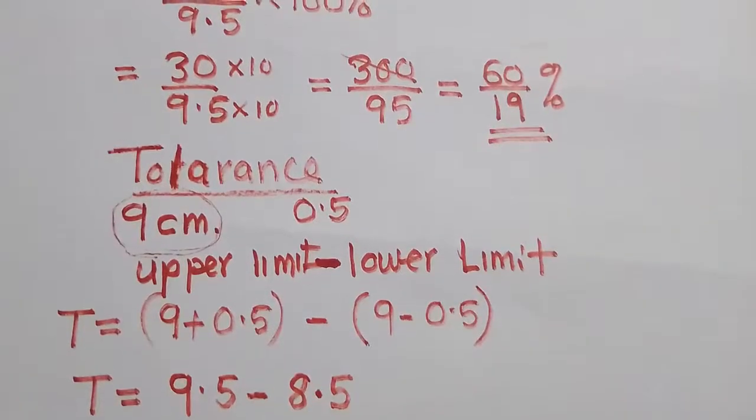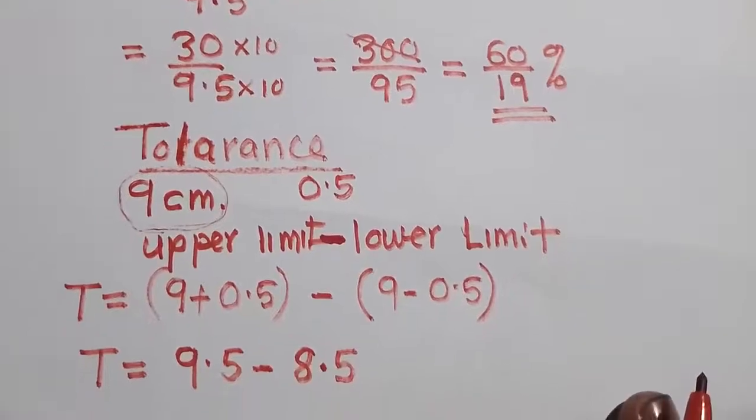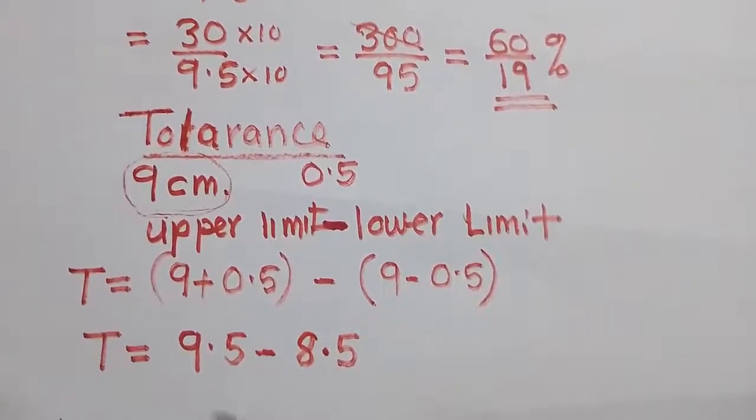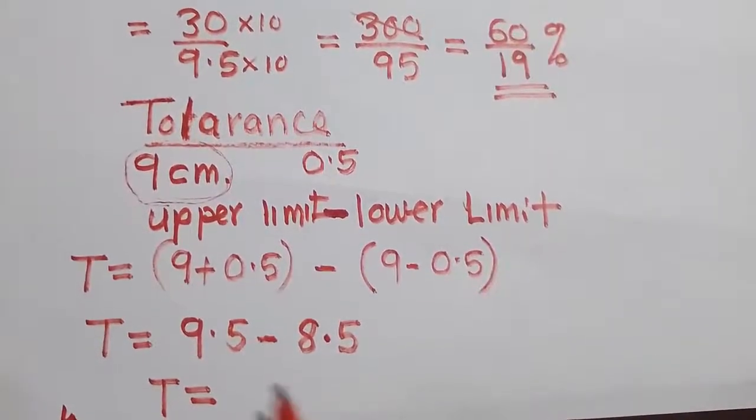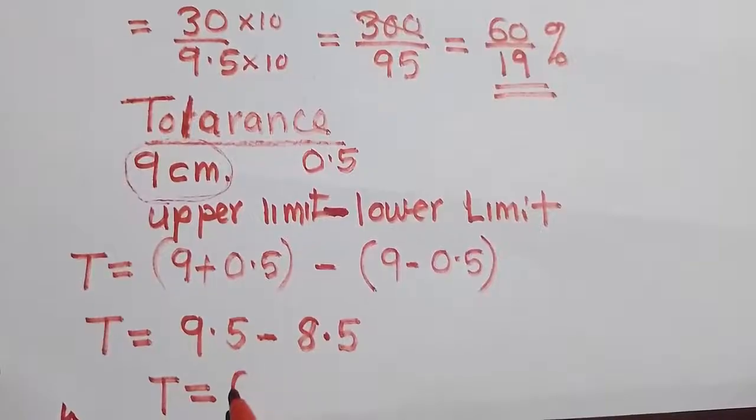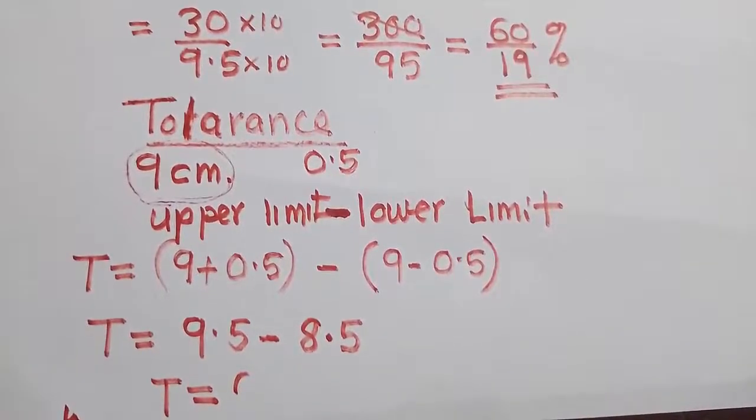This is what I'm going to get, 8.5. Then I say, therefore, tolerance is equal to, so what are you going to get? Is it 0.1? 0.1, right?